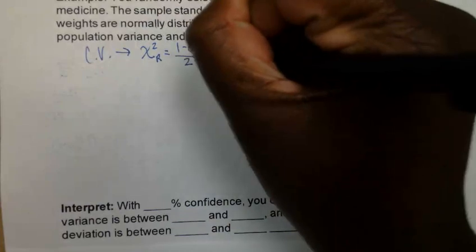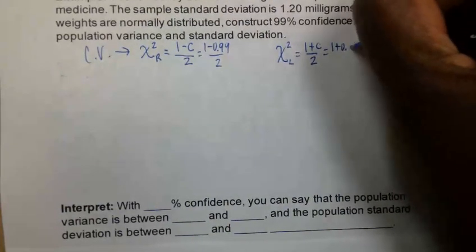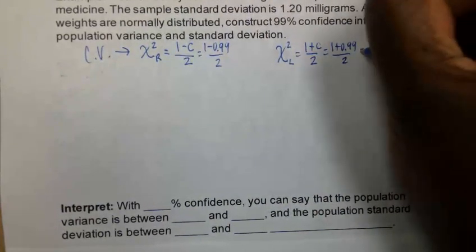So this is 1 minus 0.99 divided by 2, and 1 plus 0.99 divided by 2.